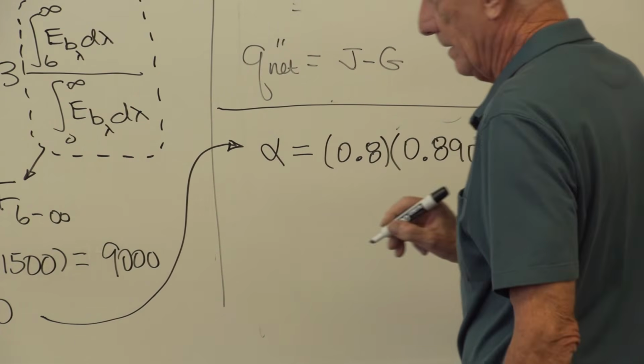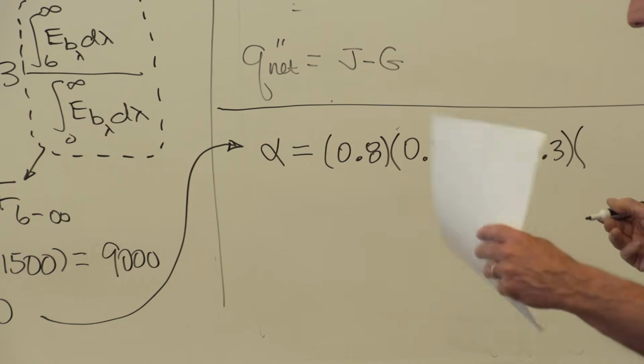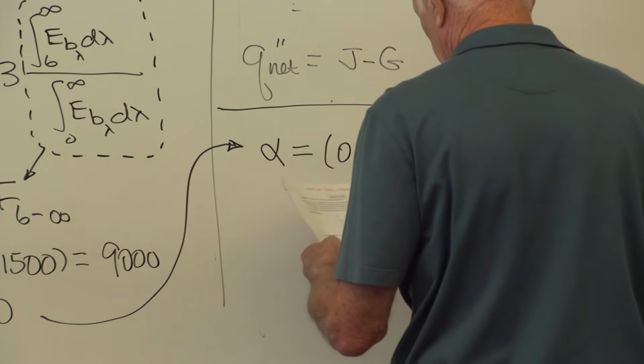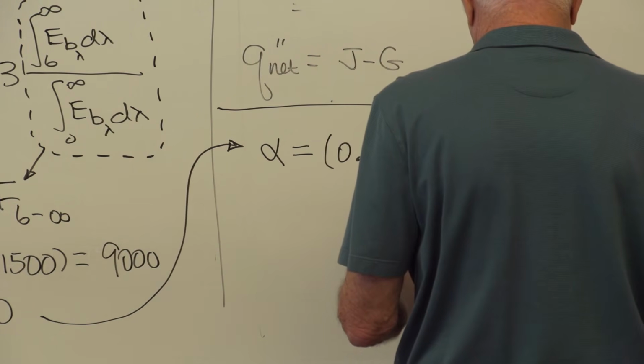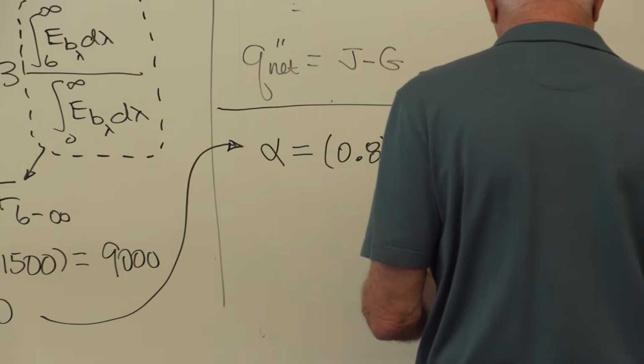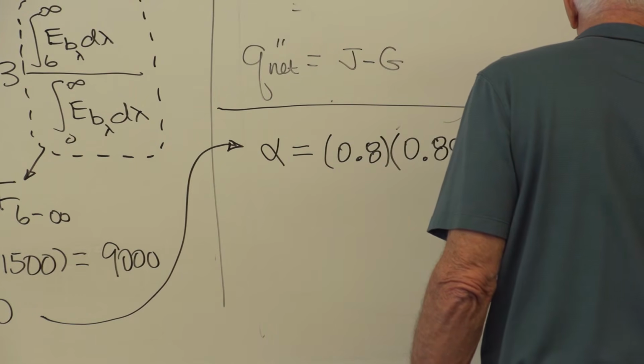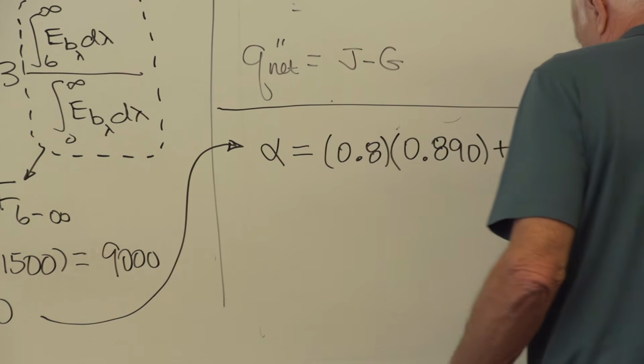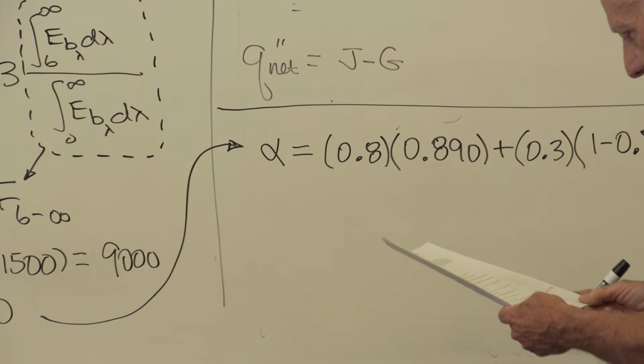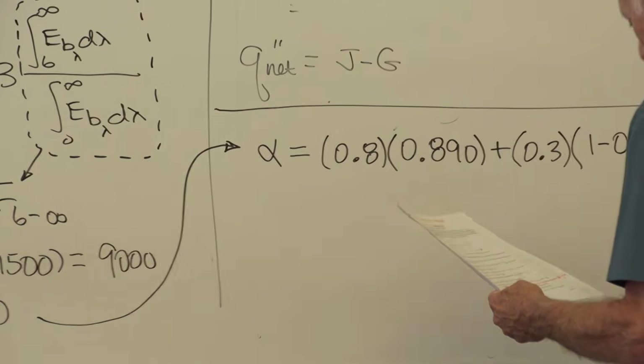That's the fraction from 0 to infinity minus 6 to infinity. So I have, there it is, 1 minus 0.890. So that gives me alpha, 0.745.